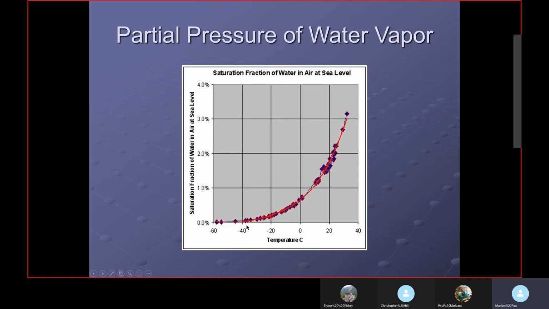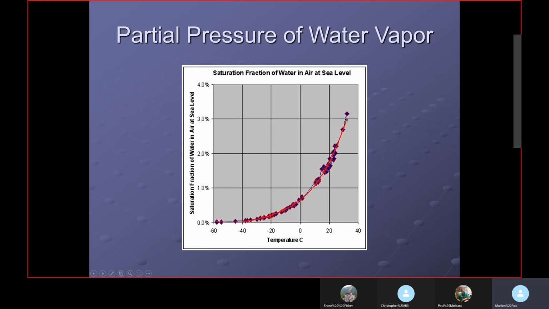Minus 40 Celsius is the same as minus 40 Fahrenheit. That's where the two systems meet. So that would be Celsius and Fahrenheit both. And minus 60 Celsius is pretty cotton picking cold.